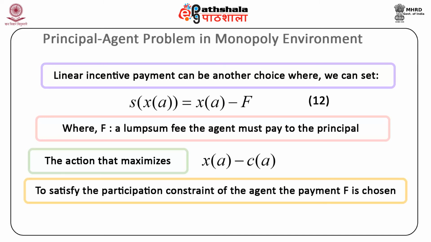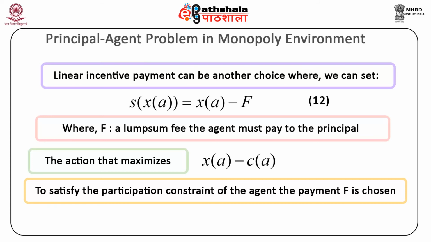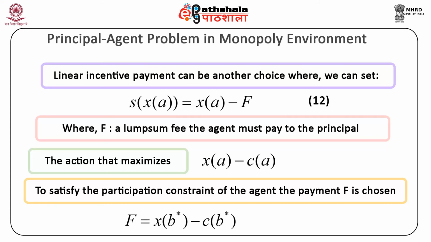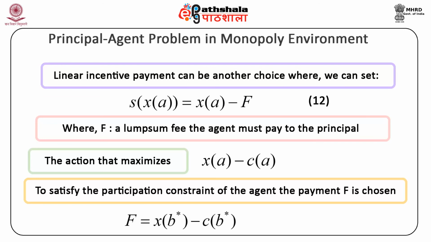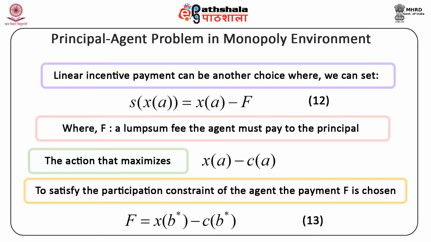In order to satisfy the participation constraint of the agent, the payment capital F is chosen. This can be formulated as capital F is equal to X(B star) minus C(B star). This is given as condition 13.